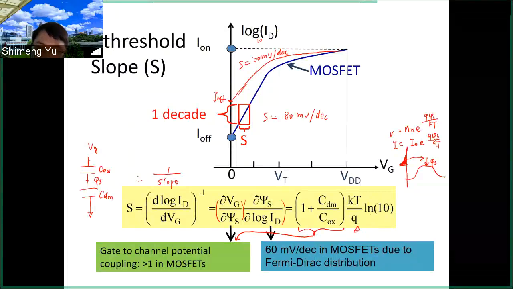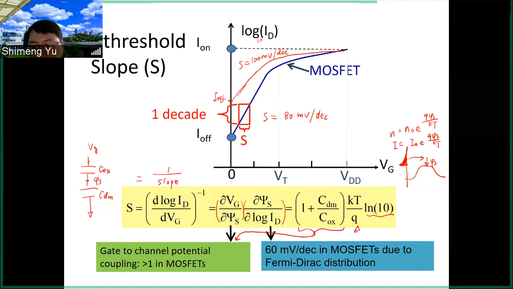And then this last term, natural log 10, comes from changing the unit scale. The exponential function is base e, and here we change to base 10, so you need to change the units. That's why we have the natural log 10.